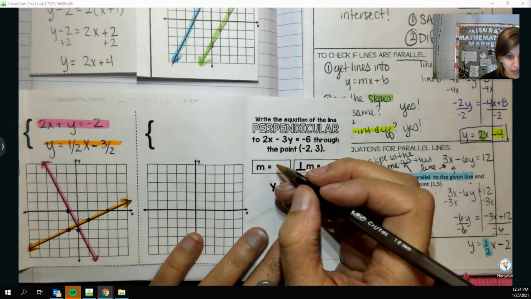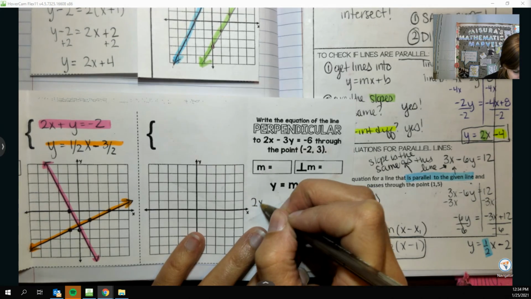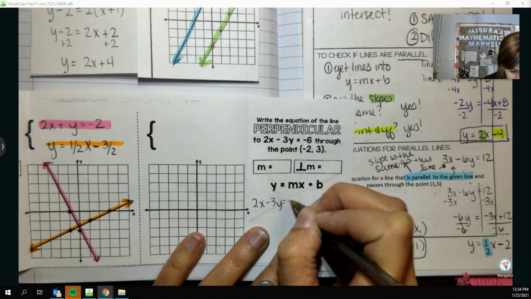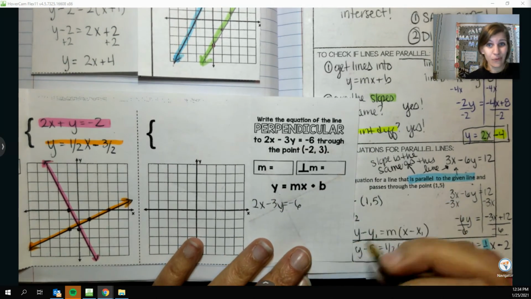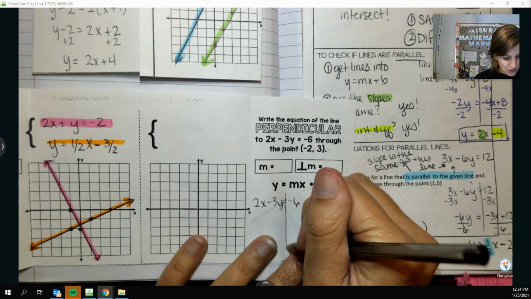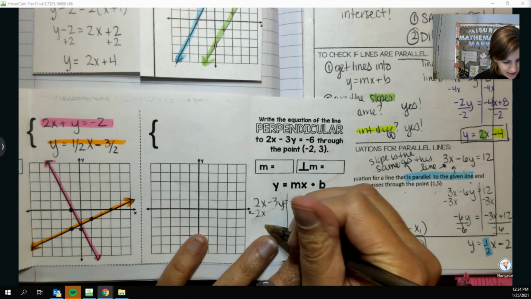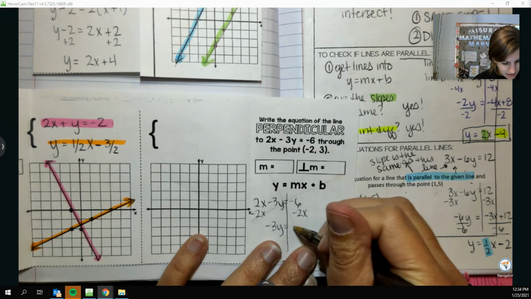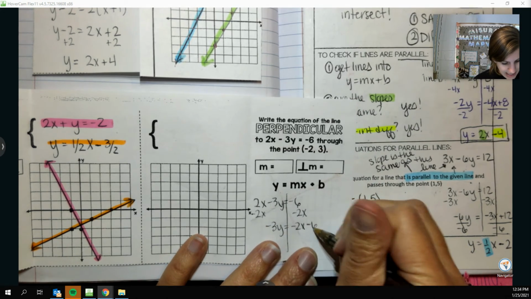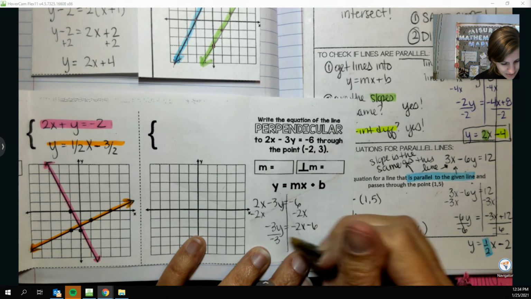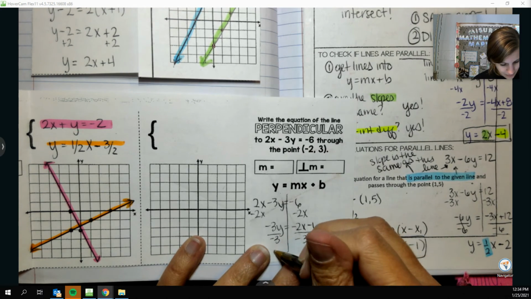So if I do it algebraically, that 2x minus 3y equals negative 6, I have to find that slope first. So I'd have to get y alone by subtracting x. I'd have negative 3y equals negative 2x minus 6. And then divide everything by negative 3.